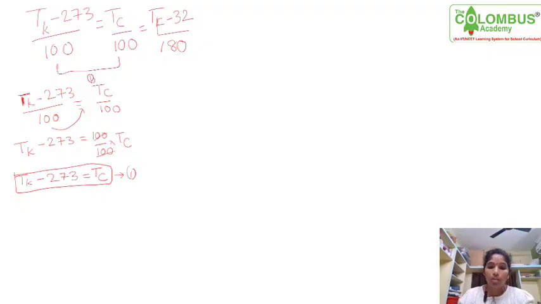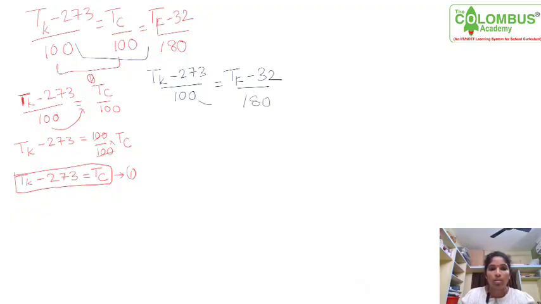Now try to calculate the other relation between Kelvin and Fahrenheit. Temperature in Kelvin minus 273 divided by 100 equals temperature in Fahrenheit minus 32 divided by 180. Send this 100 to this side.